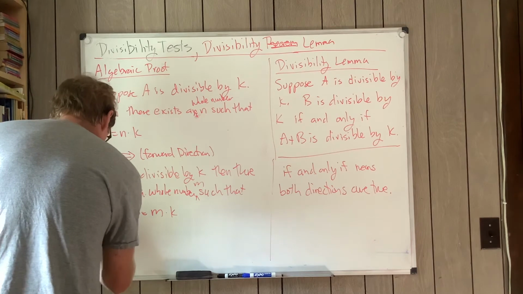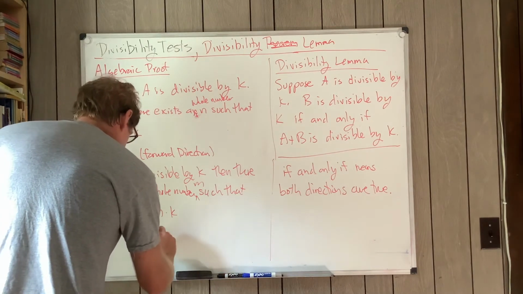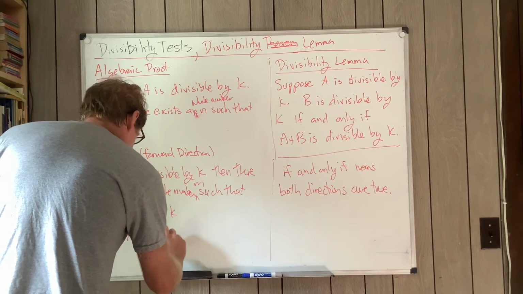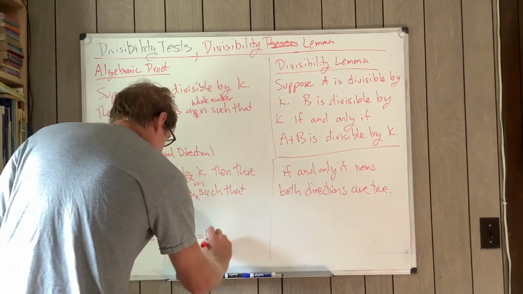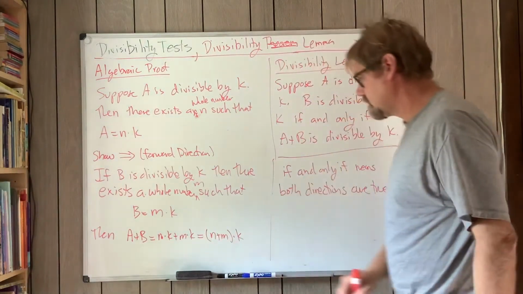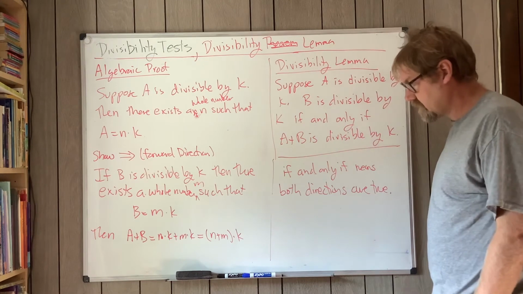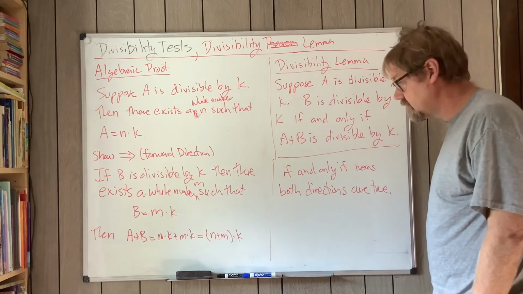Then A plus B is N times K plus M times K. Then we have one little step of algebra. I'm going to factor out a K. This is just the distributive law.